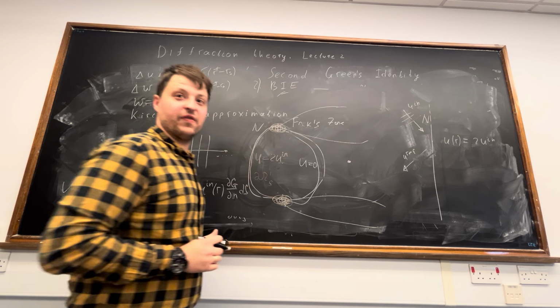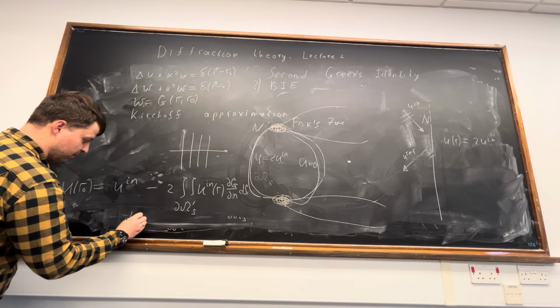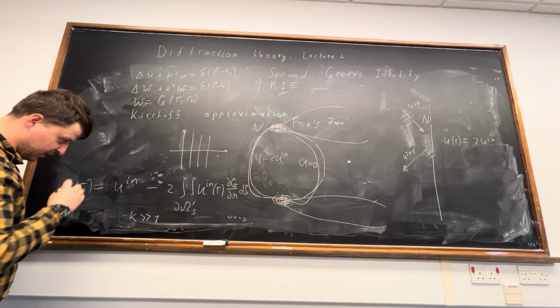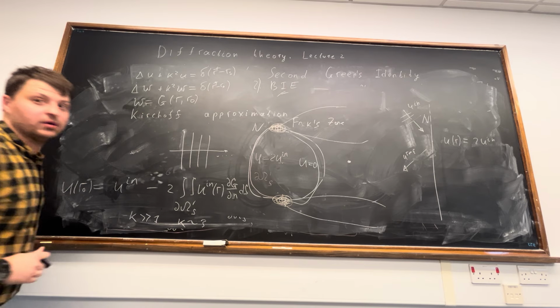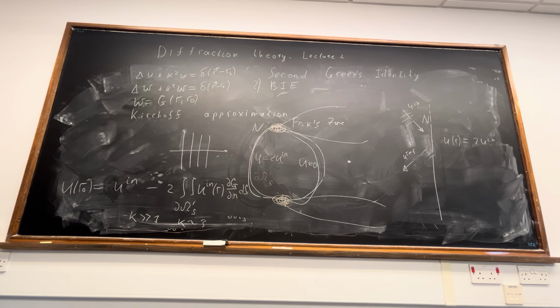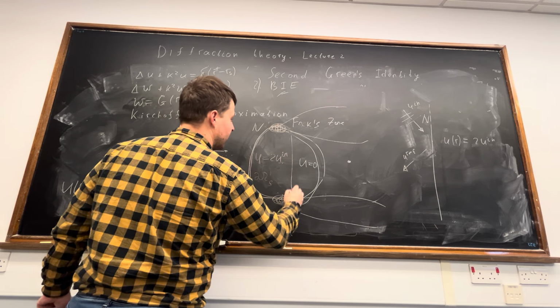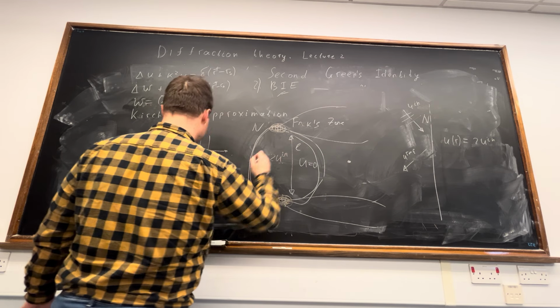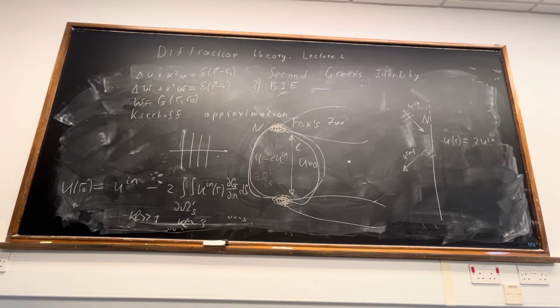But of course k should be much bigger than 1, like, I don't know, 3. Probably when I say it, I should give a more formal statement. I should define some characteristic size of my obstacle and say it like this. And that's it.